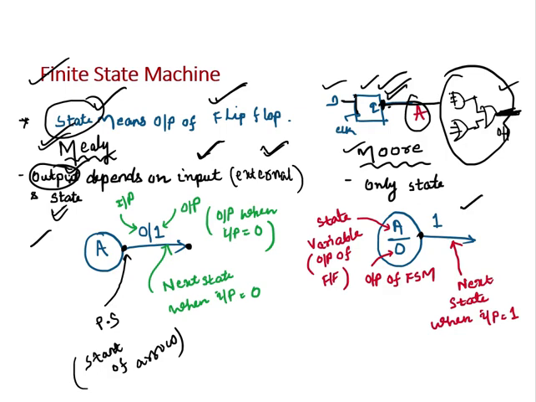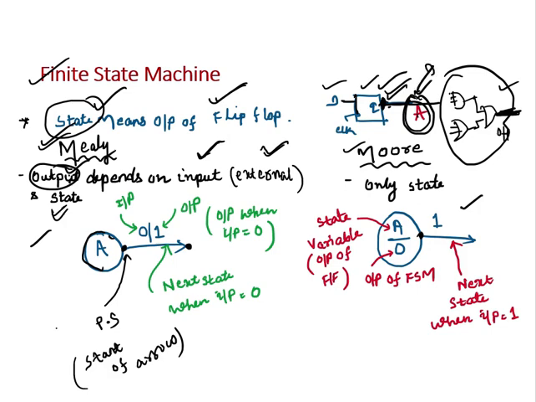Okay, so this Mealy machine looks like this, and this Moore machine looks like this. Inside the circle, you will have sometimes a letter or sometimes a digital number like 0 or 00 or 000001. If it is a letter, then these letters are called state variables. State means output of a flip-flop, and state variables represent the output of the flip-flop.